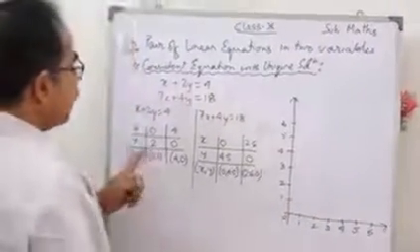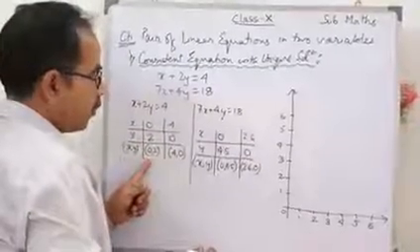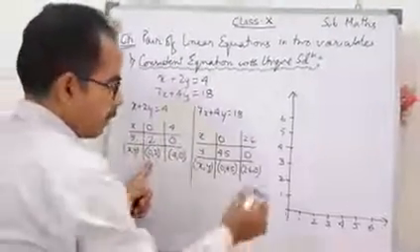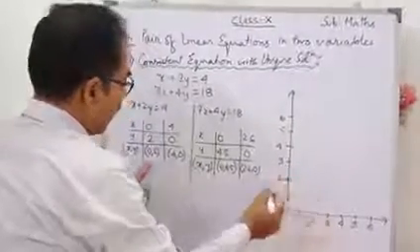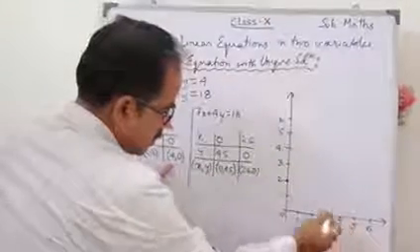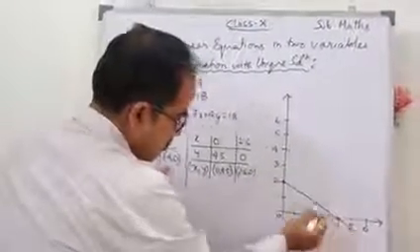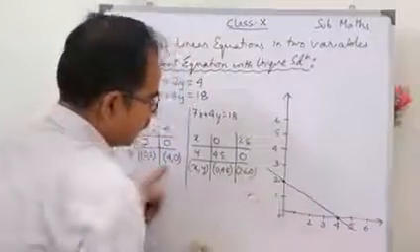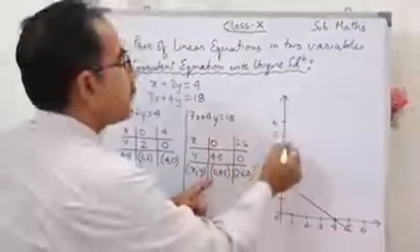So the first point I have got is the first coordinate 0, 2, which is over the y-axis. 0, 2. And next one is 4, 0. So this one. Now if I join, this is the line. Next 0, 4.5. That means this one.